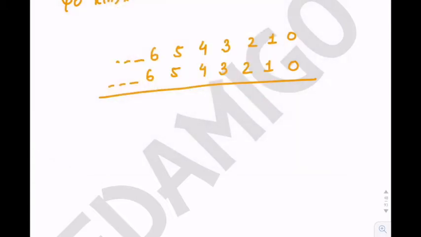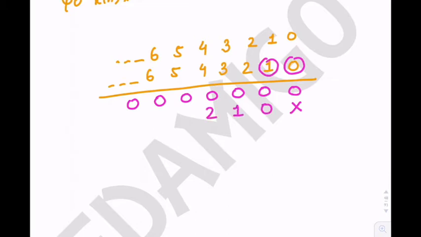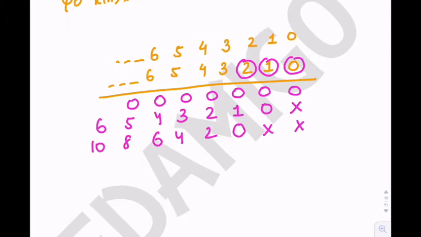Now we will multiply 0 with all the terms. We will get 0 everywhere. We will multiply 1 with everything, so we will get 0, 1, 2, 3, 4, 5, 6. Then we will multiply 2 with everyone, so 0, 2, 4, 6, 8, 10 and so on.